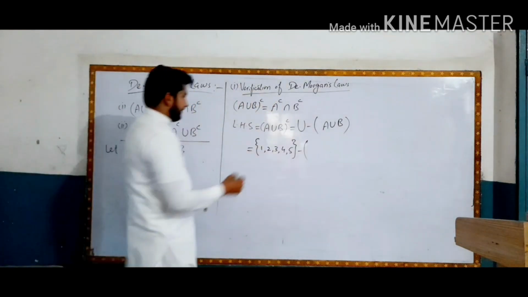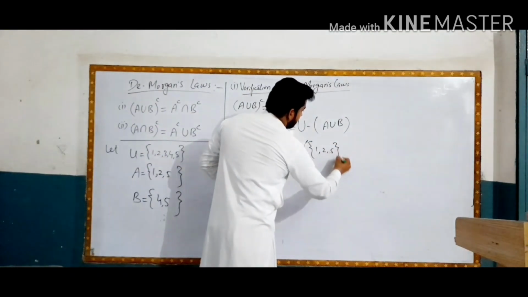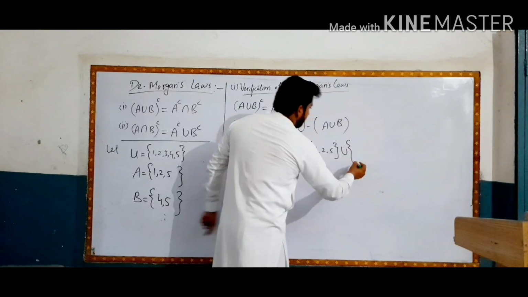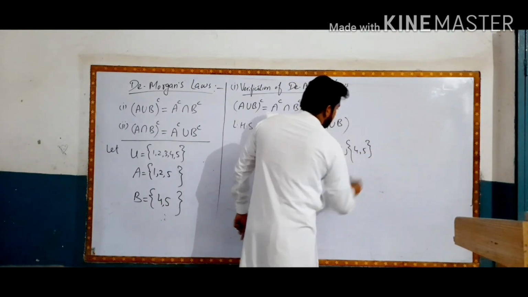Set A is 1, 2, 5, union set B. Set B is 4, 5.